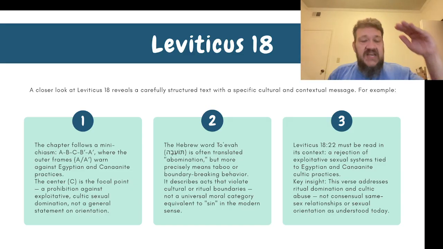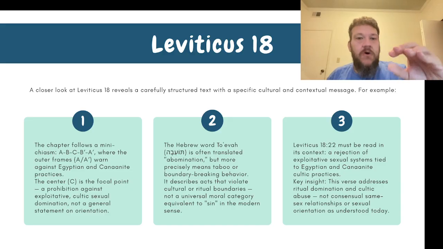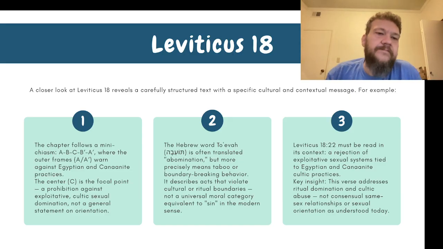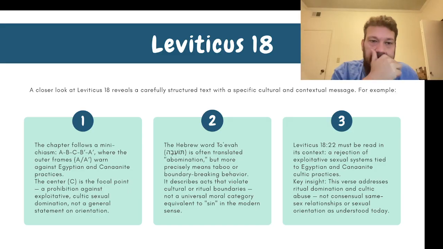Then it gives this long list of taboos. And then it gives a warning about exploitative sexual systems. And that's what we're going to focus on in a minute. Then it repeats the taboo practices and then again states, do not imitate Egypt and Canaan. So the end of chapter 18 actually goes back and mirrors the beginning.